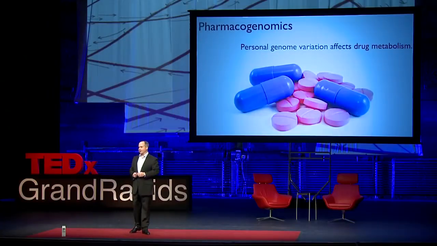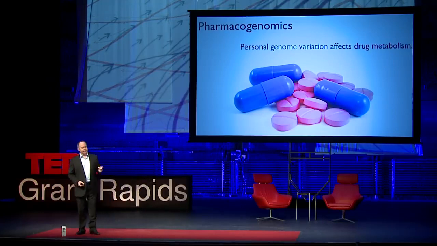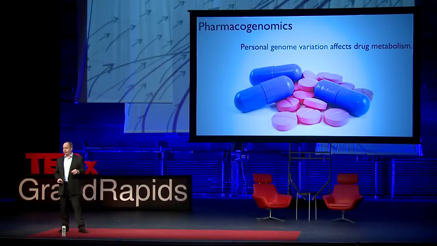Okay, pharmacogenomics. This is another example of genomic medicine, which I absolutely love, and I can't believe that this is not practiced more broadly. Have you ever known somebody who didn't respond to a drug? Right? That's because all of us metabolize drugs differently, and there are markers in our genome that can indicate whether or not a specific drug works for me as an individual.